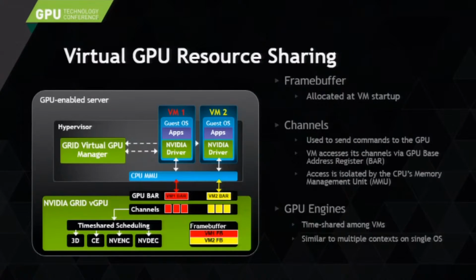For example, the massively parallel processor used for 3D rendering, dedicated copy engines used for data movement, and NVENC and NVDEC processors are used for video encode and decode. Each of these engines is time shared amongst the other virtual machines, similar to the way that a CPU handles multiple contexts in a single OS.